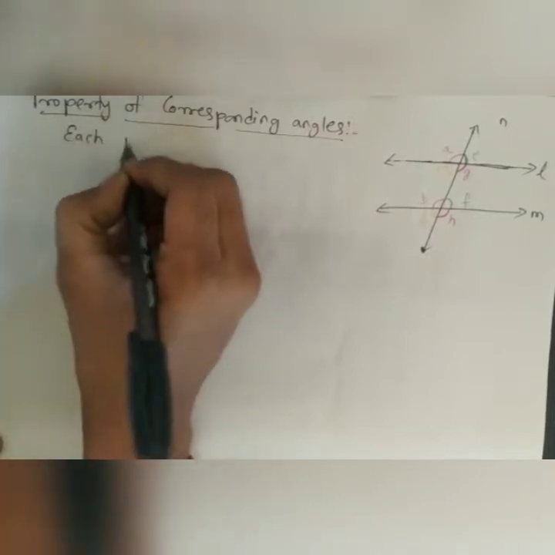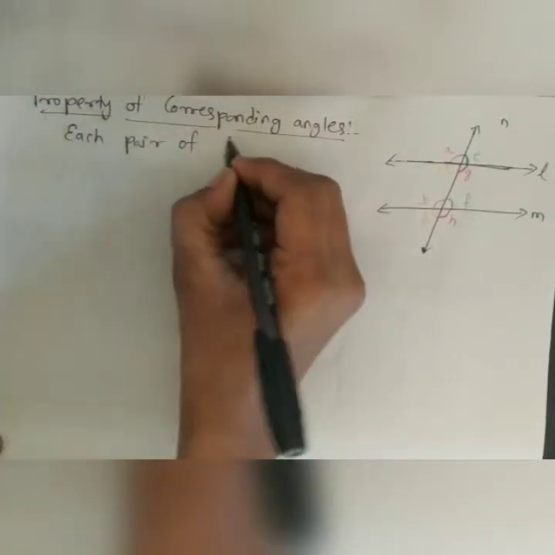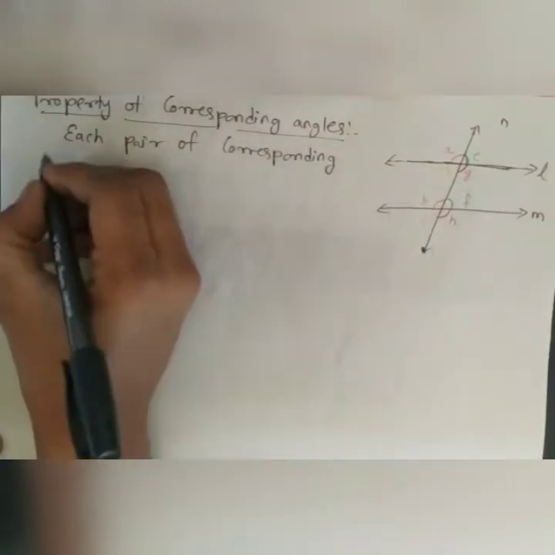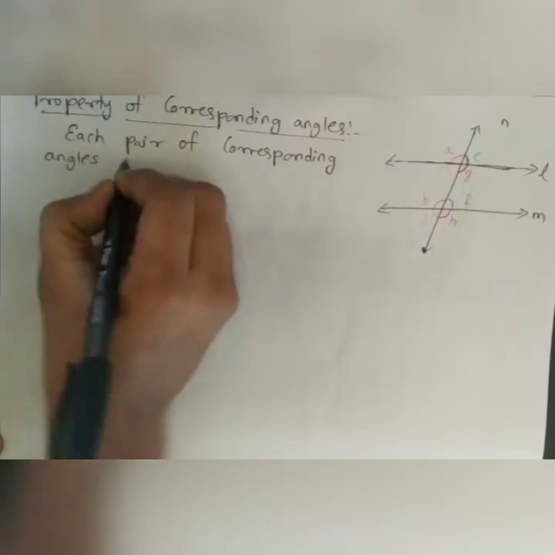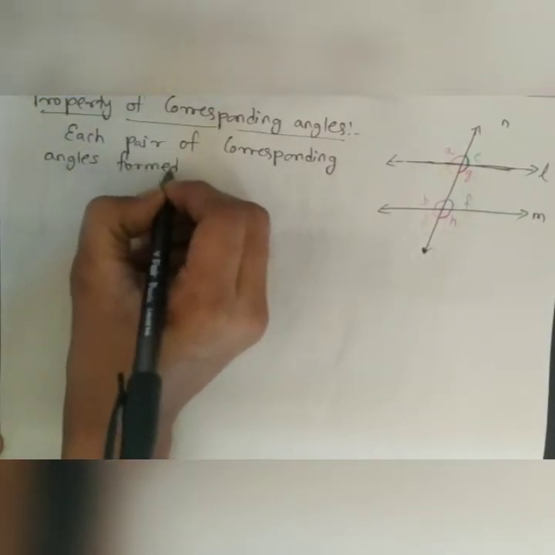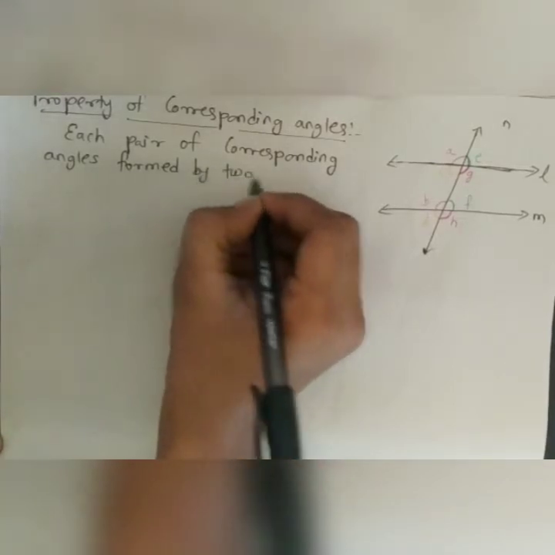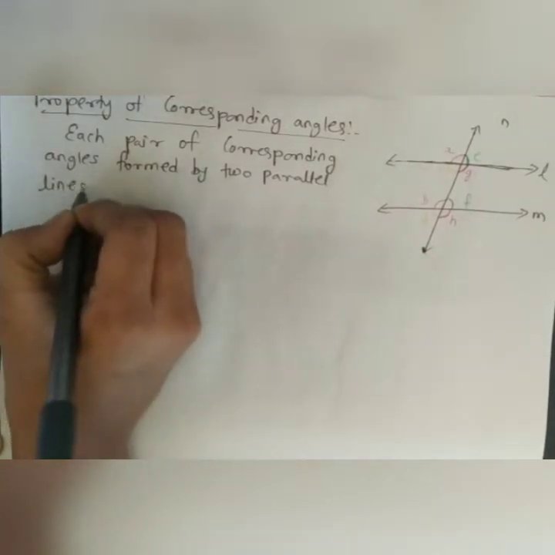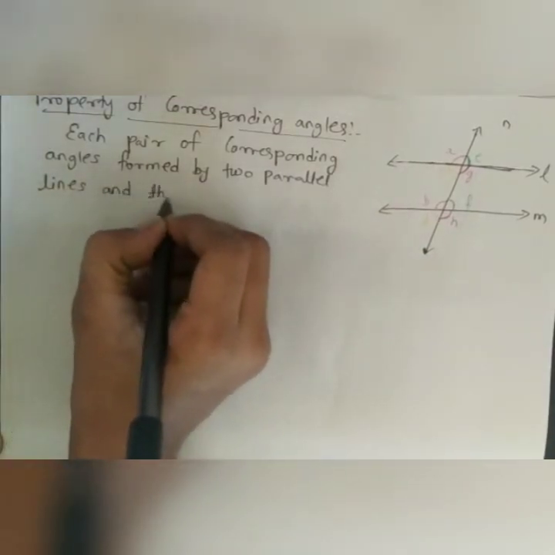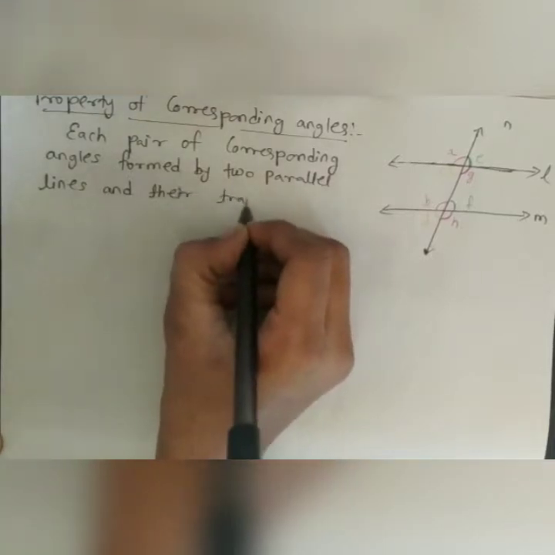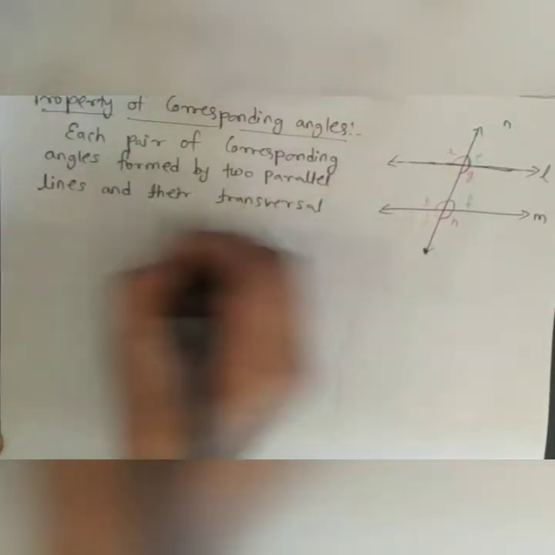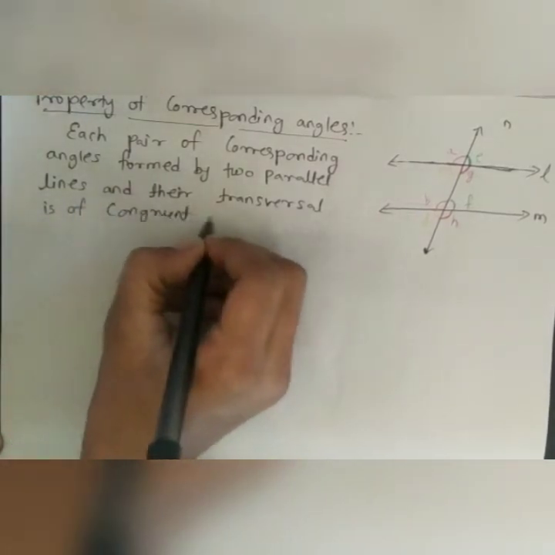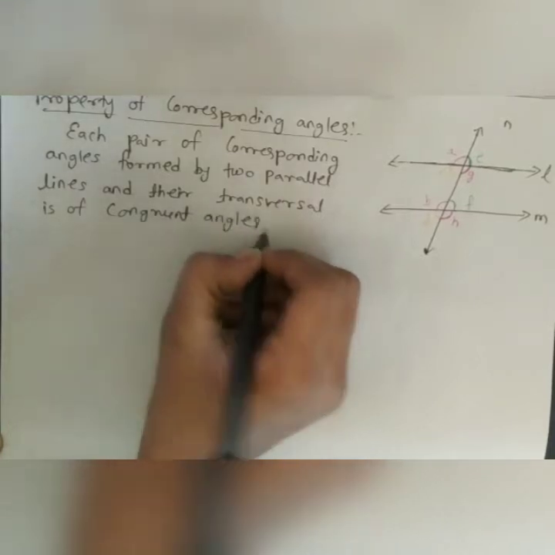Each pair of corresponding angles formed by 2 parallel lines and their transversal is of congruent angles.